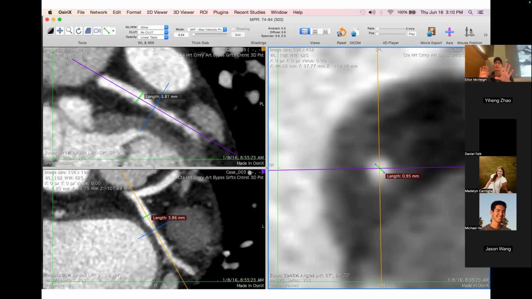Just put it in those three boxes, right? They never come in here and say, this is a stenosis of 0.95 millimeters divided by 4 millimeters, right? And for good reason.